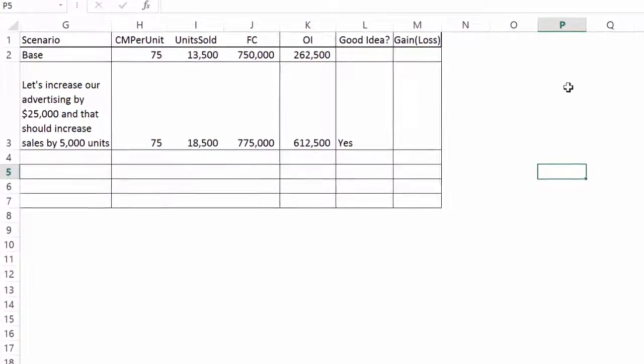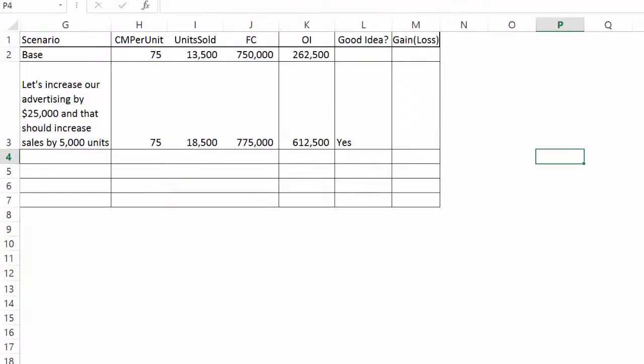There's another way to do this problem, and that is to examine whether the increase in contribution margin covers the increase in fixed cost. So the contribution margin is $75 per unit, and our sales manager thinks that this idea will increase sales by 5,000 units.